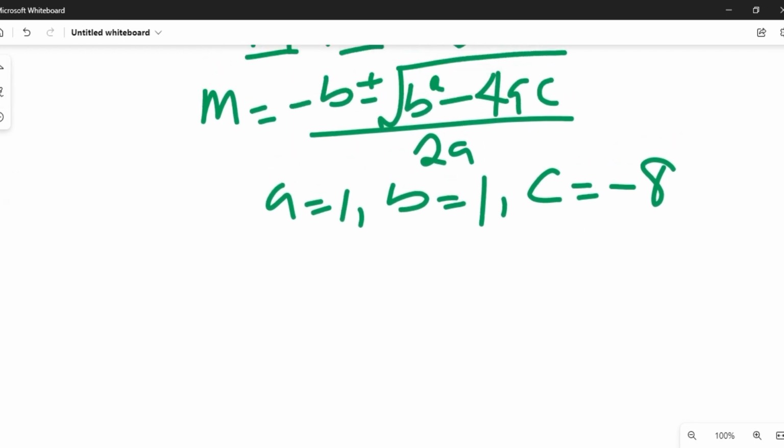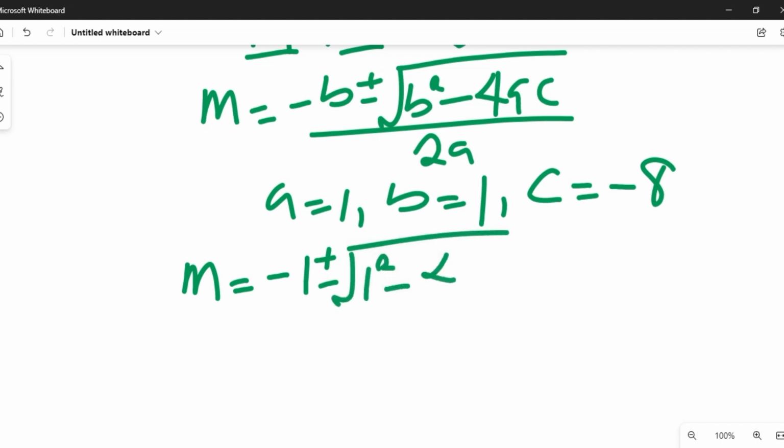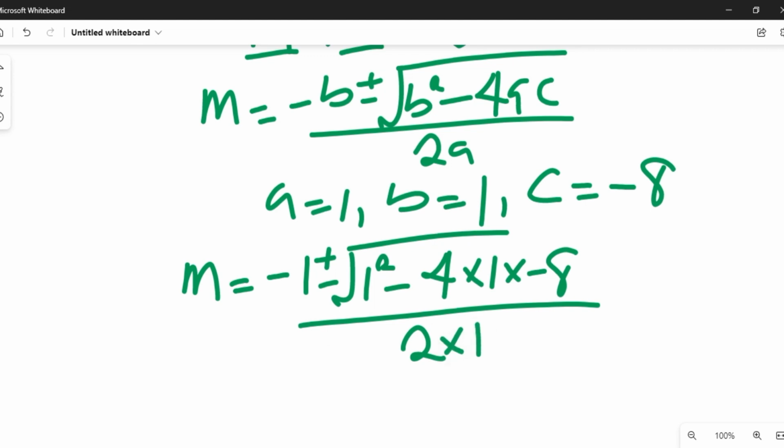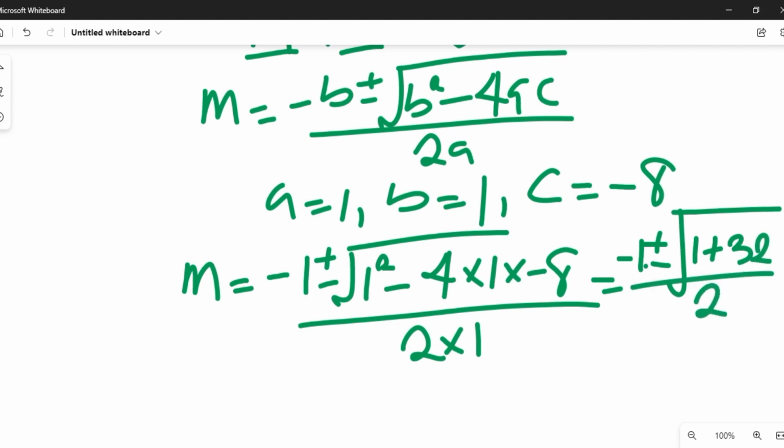Fine. Now let's go ahead to input these values into the quadratic expression. If we input these values into the quadratic equation, we are going to have our m to be equal to minus 1 plus or minus square root of what? 1 square minus 4 times 1 times minus 8, and that will be all over what? 2 times 1. This will give us minus 1 plus or minus square root of what? 1 minus times minus will give us plus what? 4 times 8 will give us 32, and this will be all over 2.